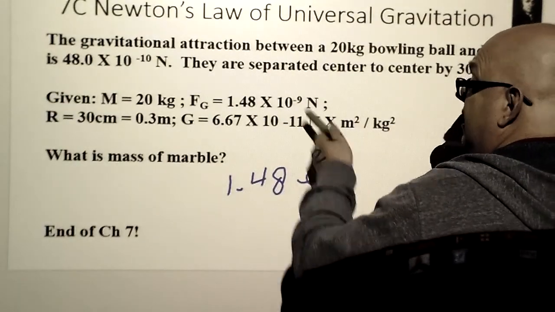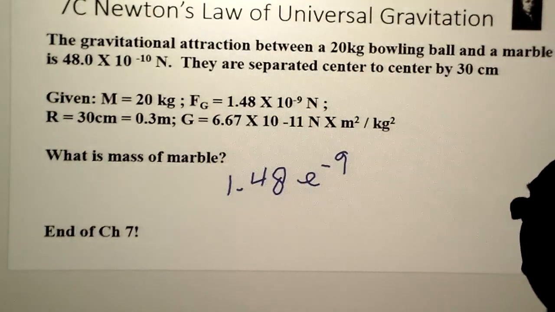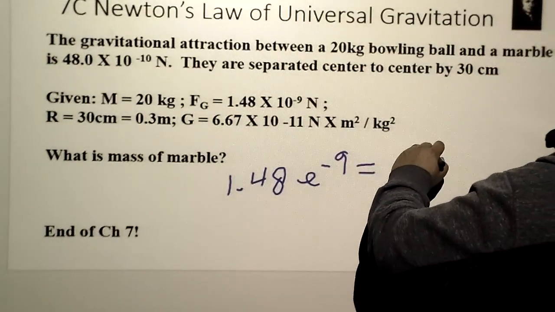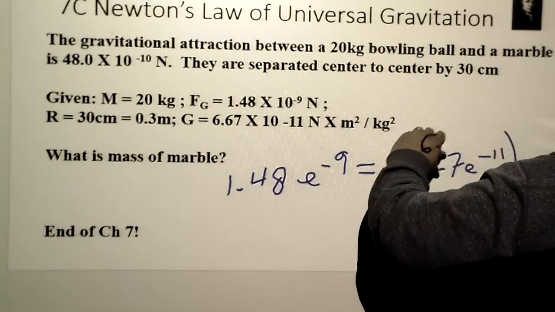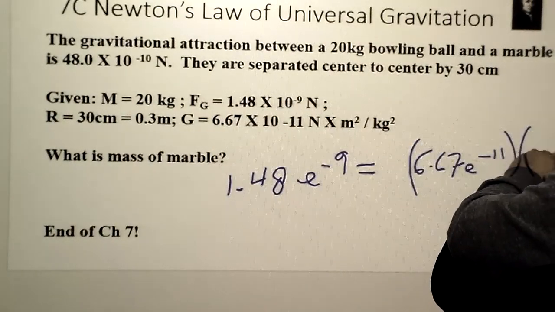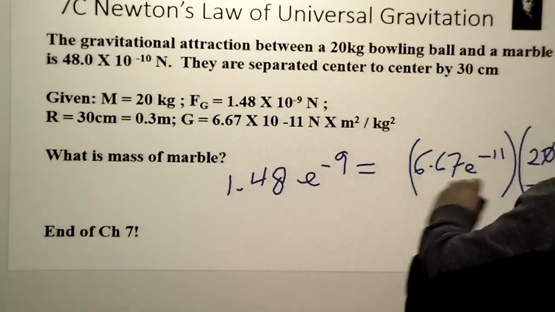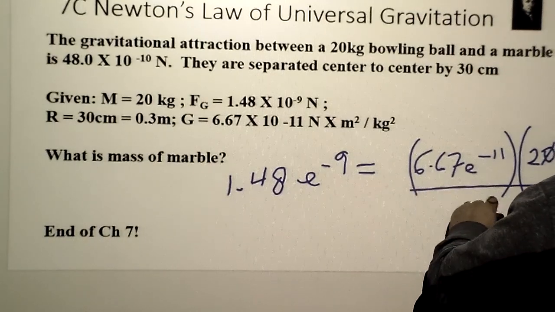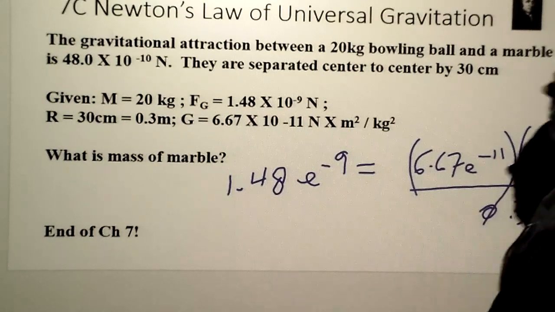Instead of saying times 10 to the minus 9th, we're saying e to the minus 9th, just like they do on those TI-85s, is equal to 6.67 e to the minus 11 multiplied by our mass, 20 kilograms, multiplied by x, over our r, which is 0.3 meters.